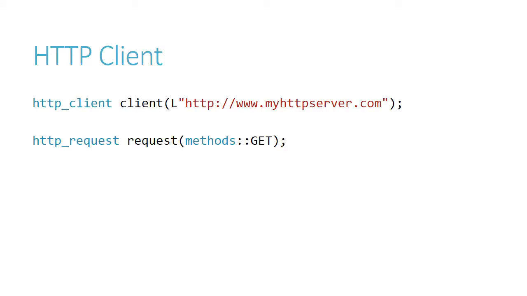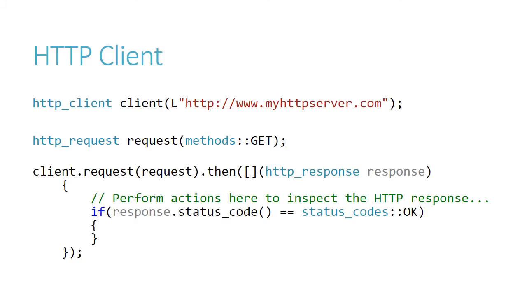REST services define the set of HTTP operations it supports using HTTP methods. In this example, we are using a GET request to retrieve content from the service. Other possible operations that could be supported by the service are put, post, or delete.